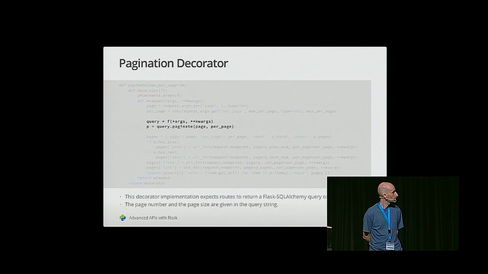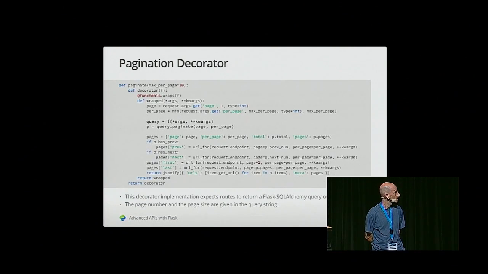So page and per page come from the query string of the URL. So above the query lines, you can see that I get query string variables page and per page, which I can get from Flask. Flask's request object, request.args, is a dictionary with all the query string arguments.